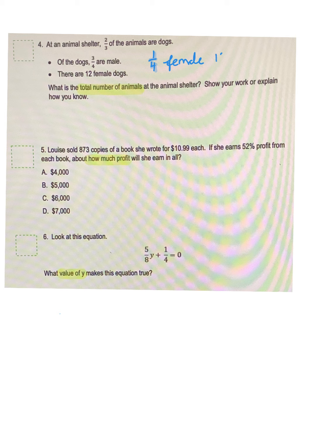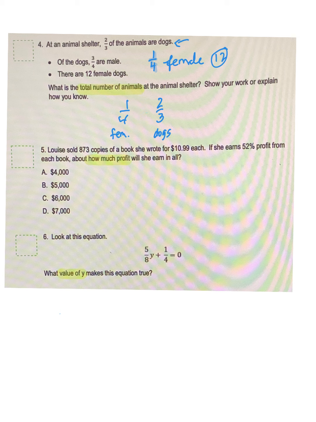And we know there are 12 of those. So let's think of it from that point of view. 1/4 of 2/3. So a quarter of the dogs. 1/4 are female. These are your female dogs. And the 2/3 comes from the first statement, where it says 2/3 of the animals are dogs. Well, we can replace the word of with multiplication because of means to multiply.